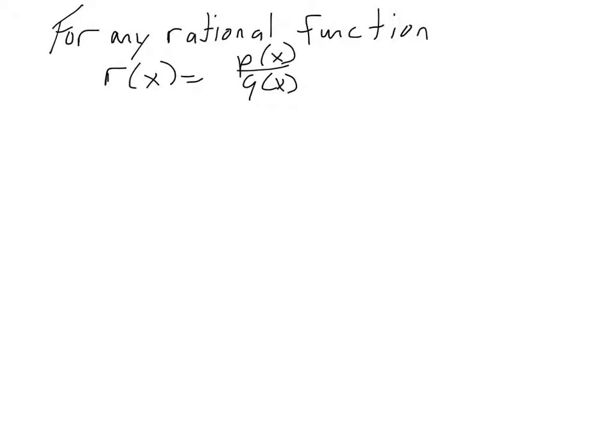What if, on the other hand, q of x gets bigger faster? The value is going to get smaller and smaller until it eventually gets to 0. So if q of x increases faster, then it's going to go to 0. If p of x increases faster, it's going to go to infinity. And if they increase at about the same rate, then it's going to go to some constant value.